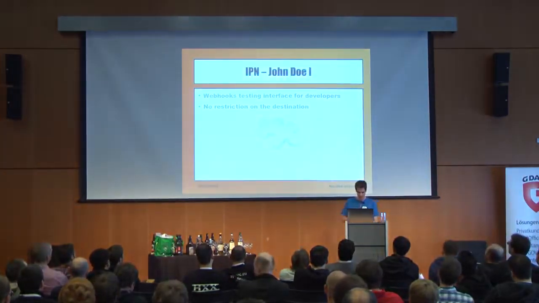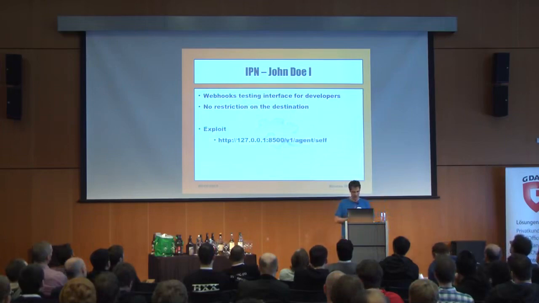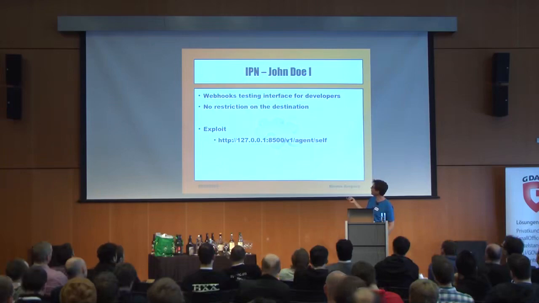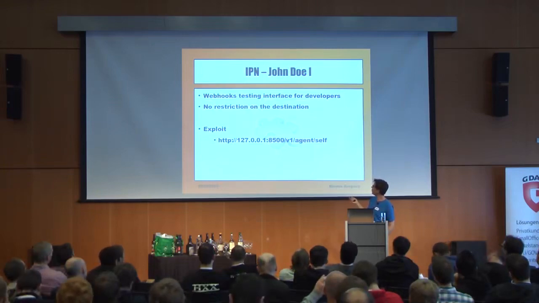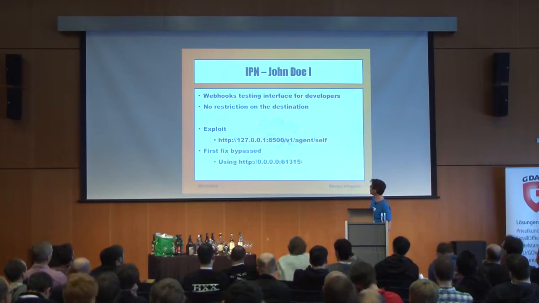This is a private bounty. So John Doe, number 1. So callbacks again, and absolutely no restriction. It's wide open. So I port scan the loopback interface, find this port, which is the default port of console, and then I can discuss with the agent and retrieve some information.